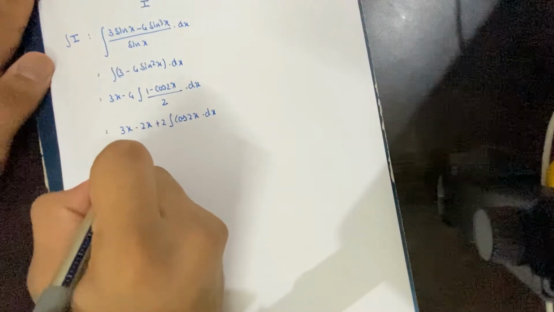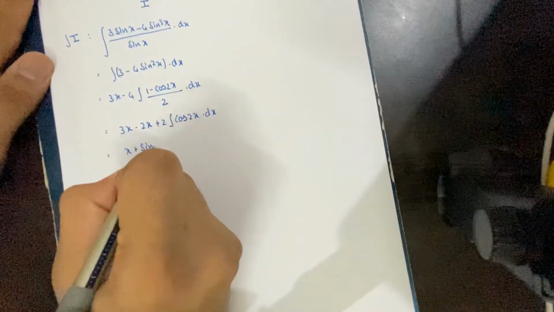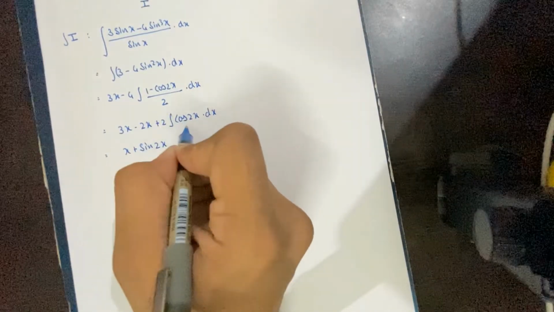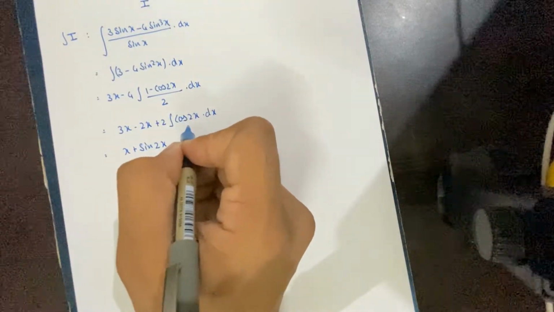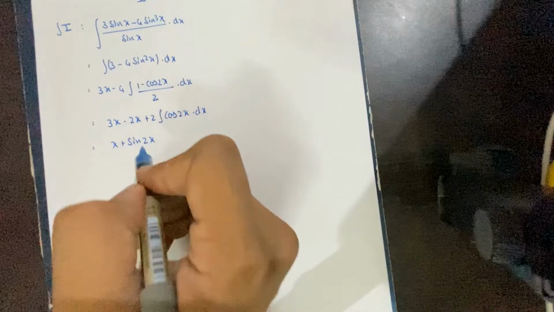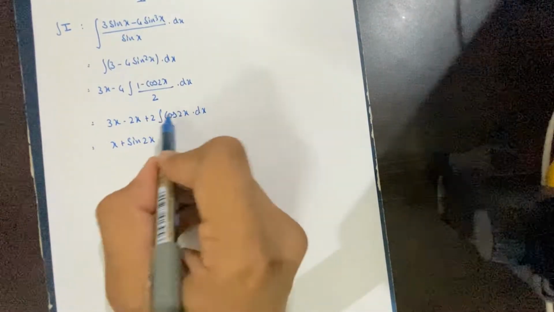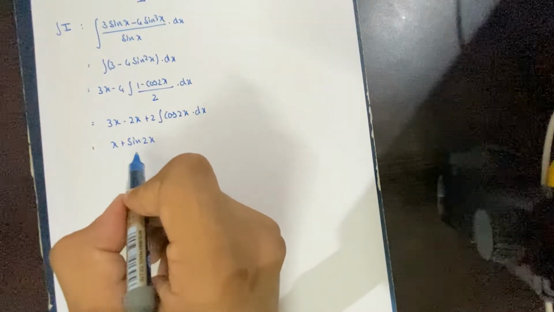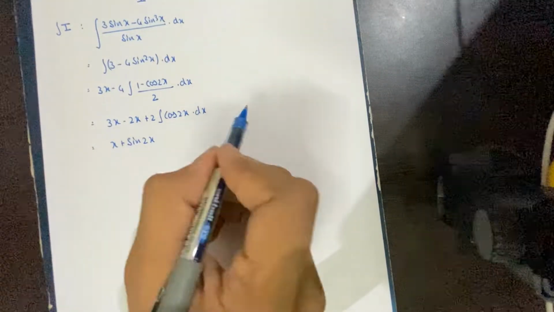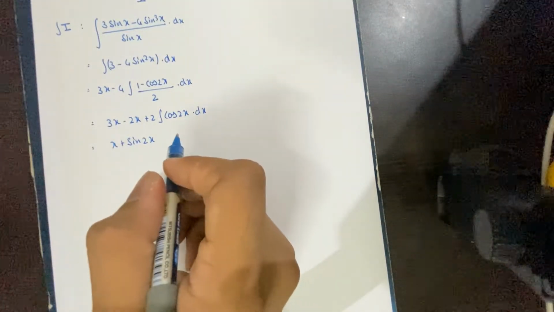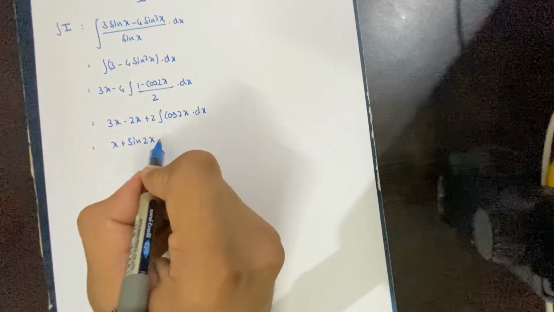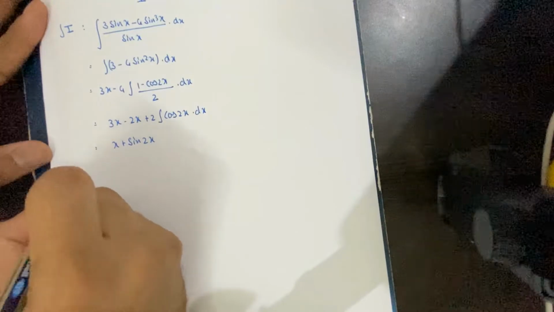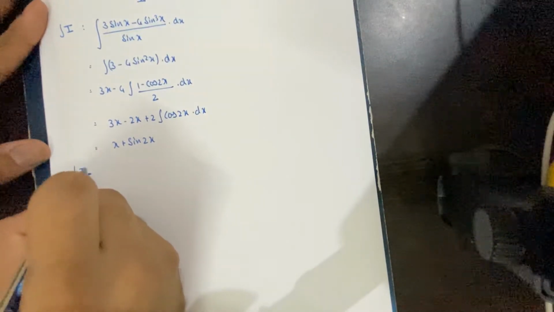The integral of cos 2x is sin 2x by 2, so the denominator 2 and this 2 get cancelled, and we are left with sin 2x, and 3x minus 2x is x, so x plus sin 2x. So that's that, and we have a constant plus c, I guess.